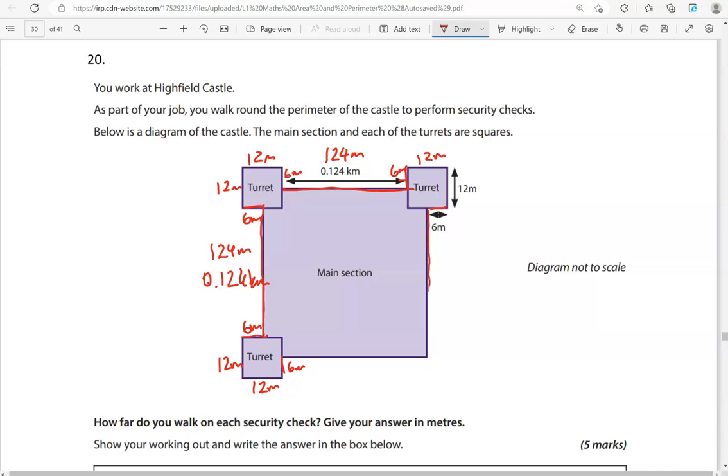And this distance here will be 124 meters plus 6 meters, which is 130 meters. And this is the same, 130 meters.